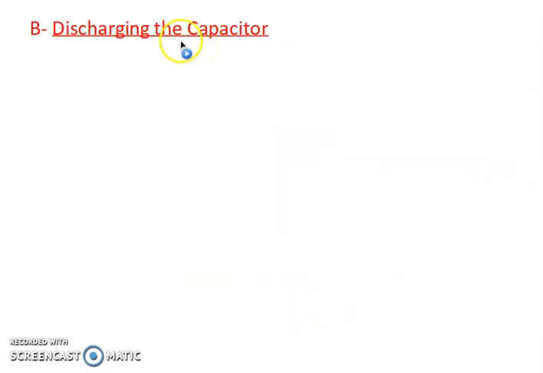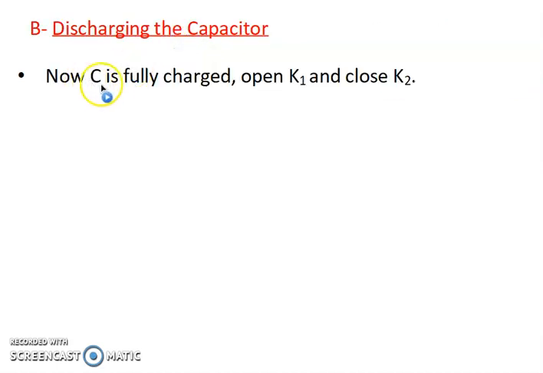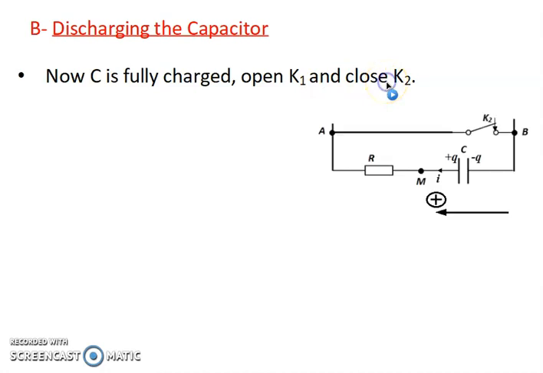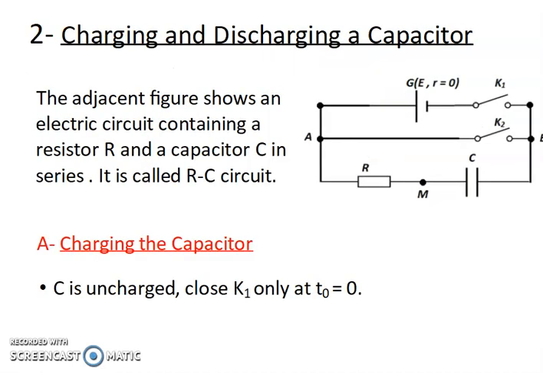So what do we do? C is fully charged. We open K1 and then close K2. So when you do this, you have eliminated this part. Why?